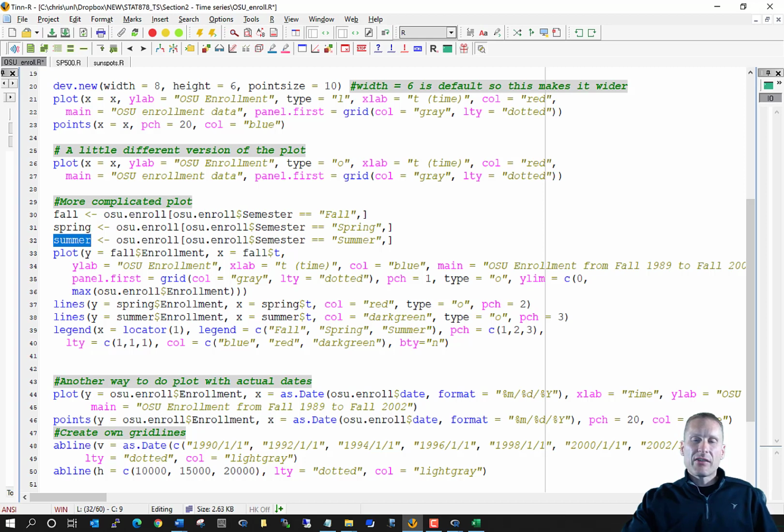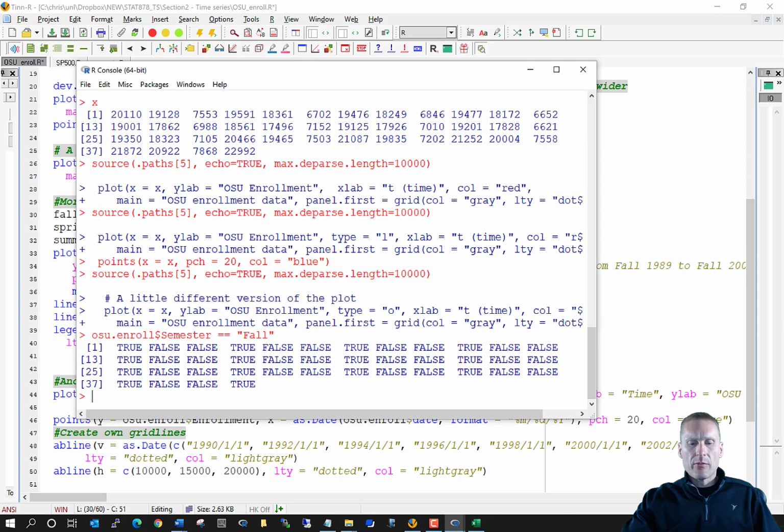And to do that, I need to somehow extract, let's say, the fall enrollments from the data set. So what I can do in R is I can look at the semester variable that's in my data set and do a logical comparison. Is it a fall semester? So to do that logical comparison, I use an equal symbol there. And so what we can see here is that that first observation, which was from 1989, was a fall enrollment. So that's why R says true. The next one was a spring, so we have a false.